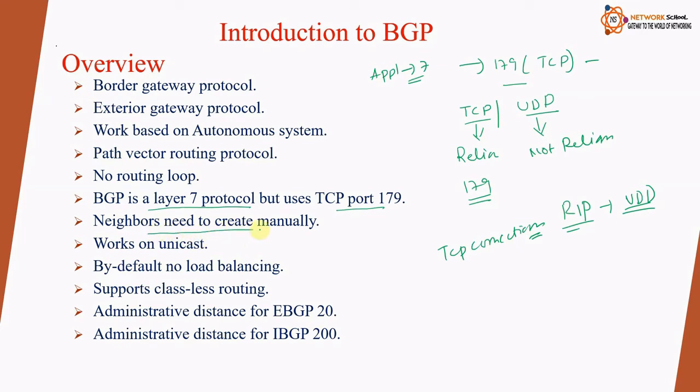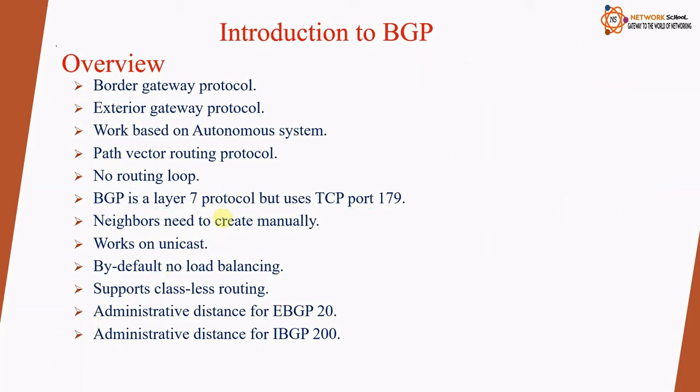Neighbors need to be created manually. This may be different for you guys who have studied IGP protocols, because in IGP, let's say we have router R1, router R2, and then router R3 here.